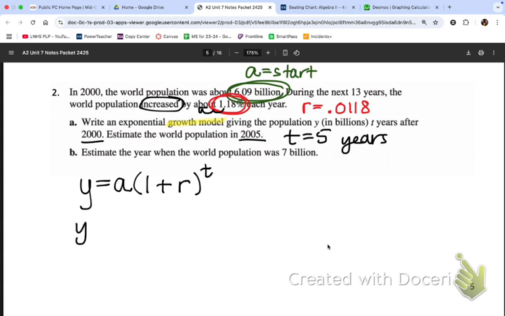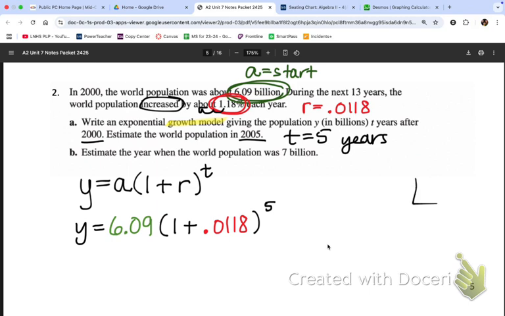So y is equal to, we're not going to use all the zeros, just 6.09, because it usually says in billions, so we're going to leave it in billions. 1 plus your rate, 0.0118, raised to time, which is 5. Then you just go to your calculator and type it in. As long as you use parentheses, it's fine.